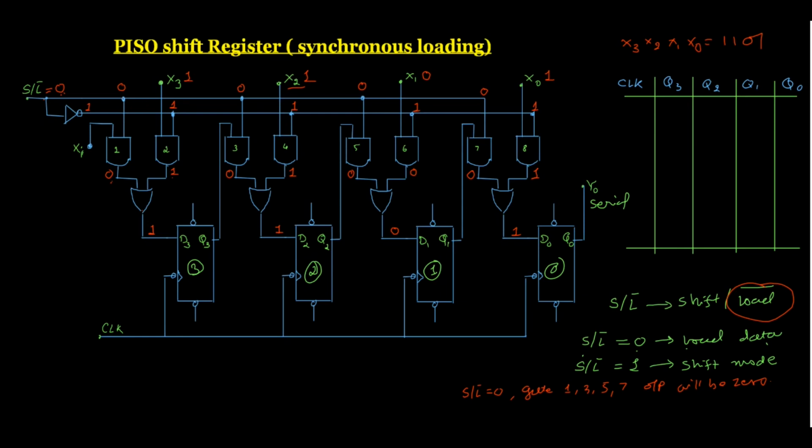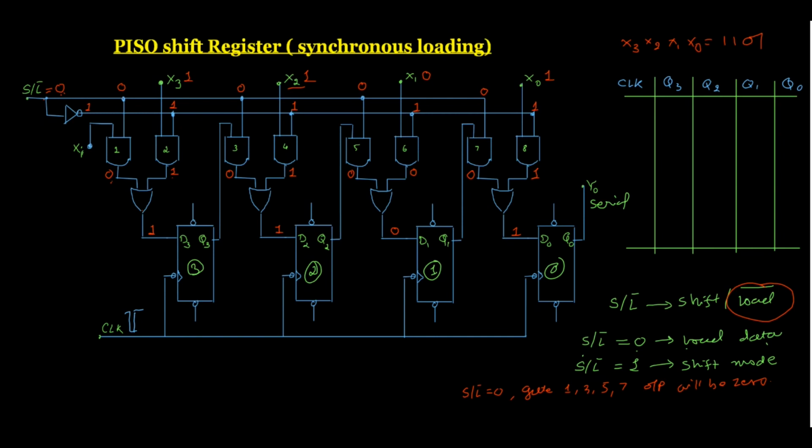Correct? Now when we apply a clock pulse, remember, when we apply a negative edge of the clock pulse, then flip-flop number 3 will be triggered, and flip-flops number 2, 1 and 0 will be triggered. So whatever data appears at the input will be transferred to the output.